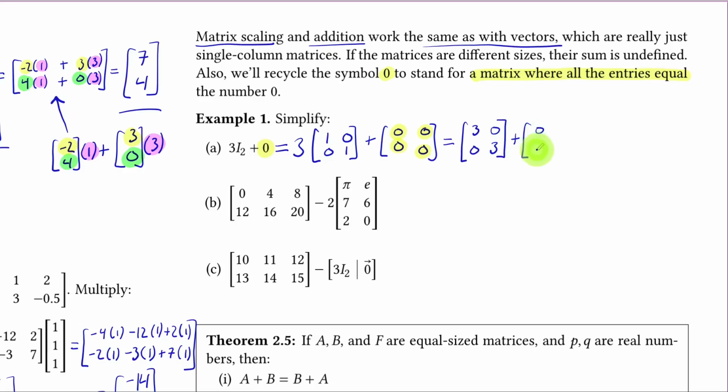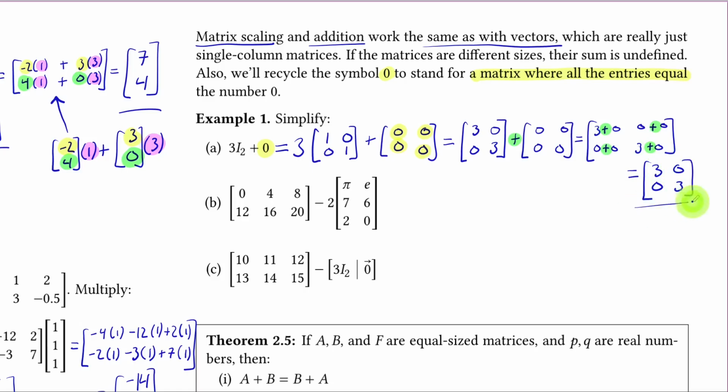And then to add them, we're just going to add all of the corresponding entries. And adding the zeros, of course, doesn't change those entries. So yeah, you still get the same thing as 3 times I2.